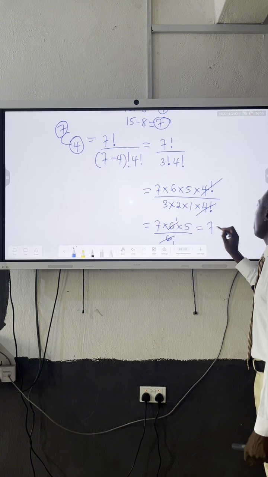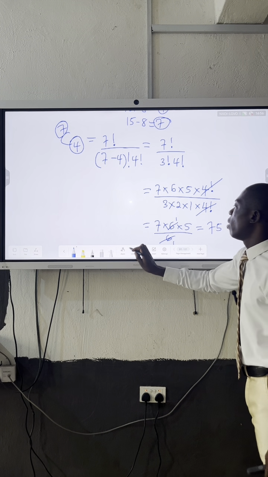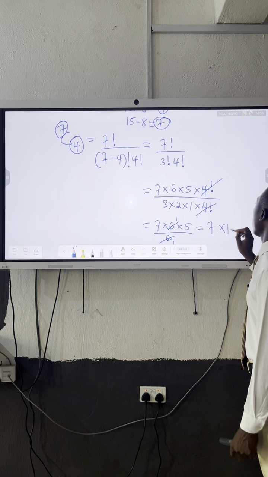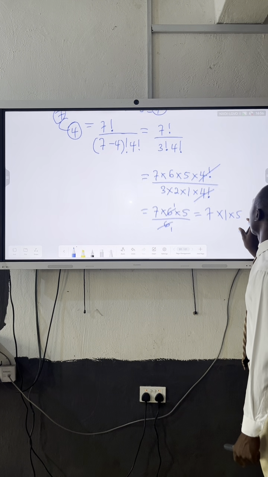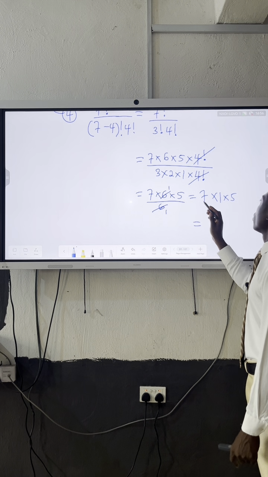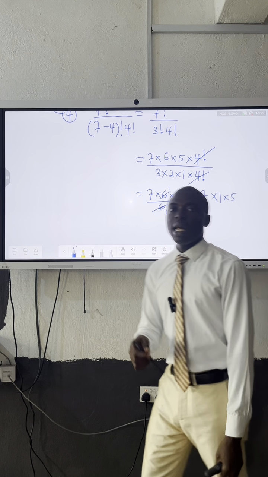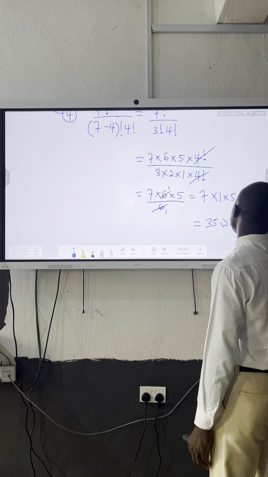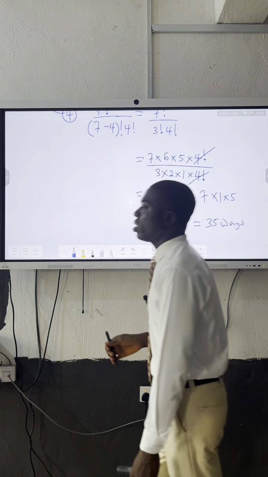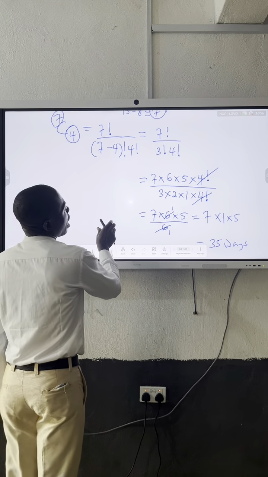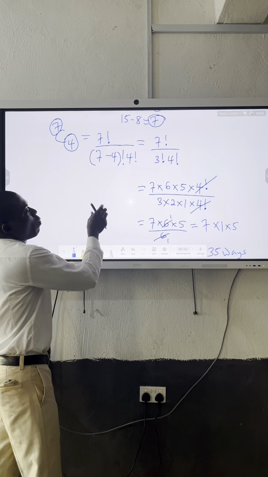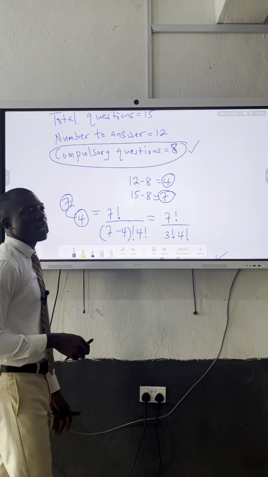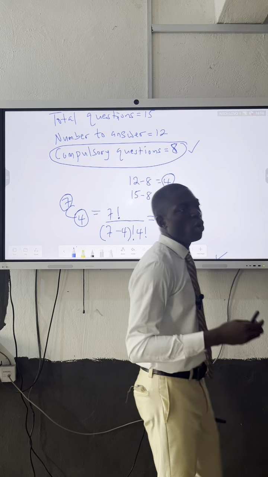Everything that will remain is 7 multiplied by 5, which gives us 35. So the number of ways a candidate can answer 12 questions from 15 available questions, if the first 8 are compulsory, is 35 ways.